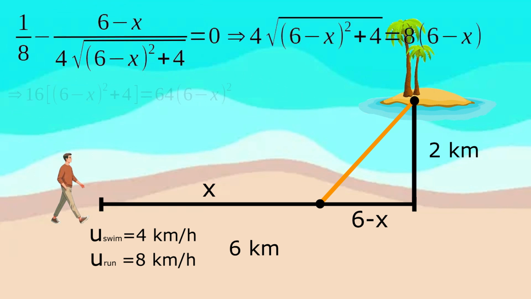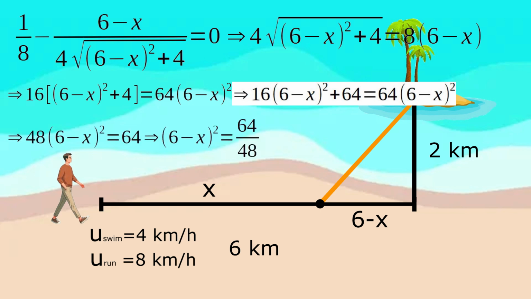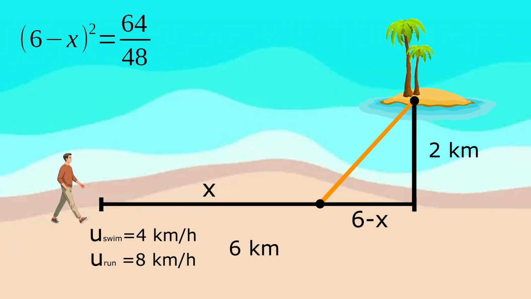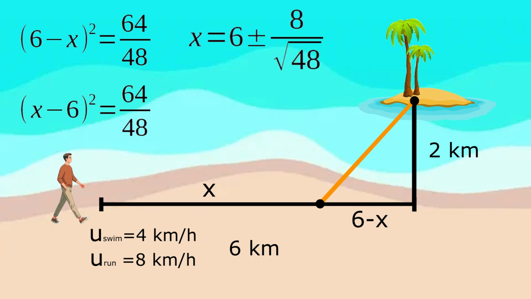We do the calculations, and the equation simplifies to (6 minus x) squared equals 64 over 48. Since we squared it, 6 minus x is the same as x minus 6, so we'll take both conditions. So x equals 6 plus or minus 8 over the square root of 48.